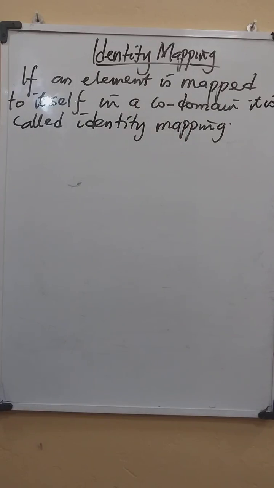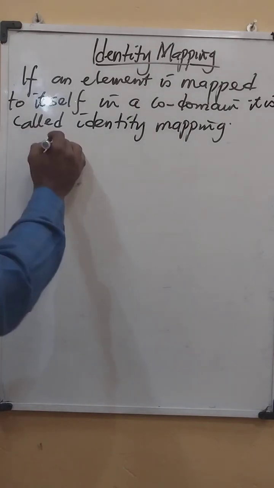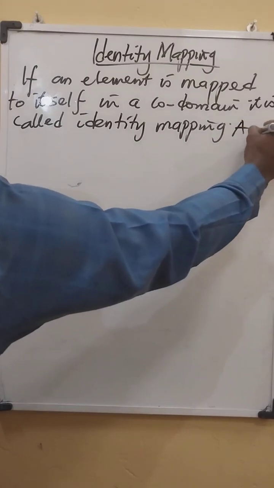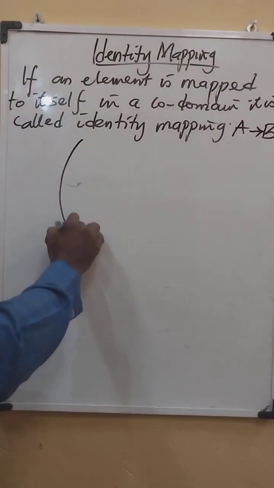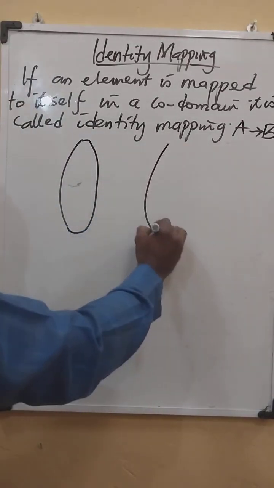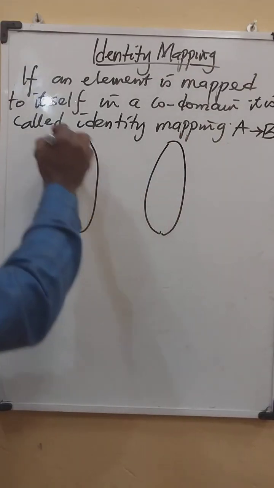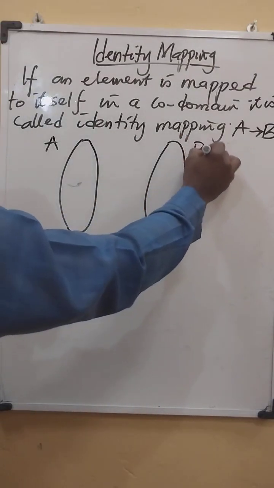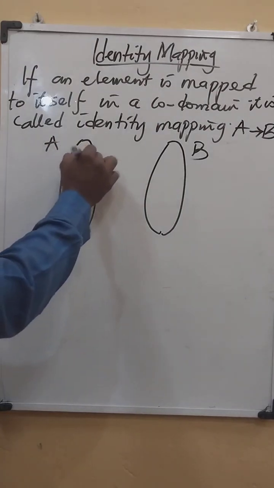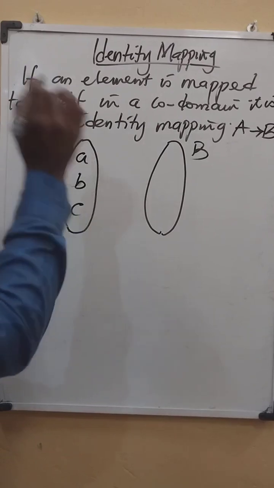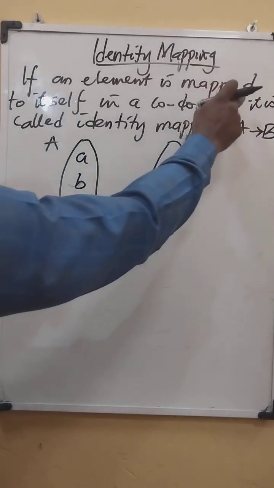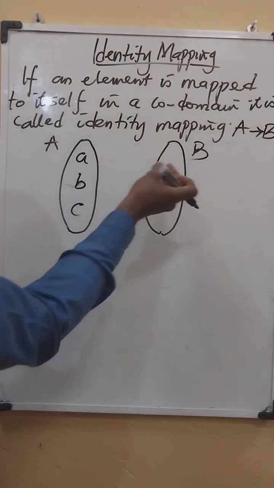Now I'm going to explain that. If we have these elements, element A and element B mapping, and it is put this way, we have the map this way, we have the other map this way. This is set A and B with their various elements. So we have here A, B, and C. In this type of mapping, the elements will map to themselves.